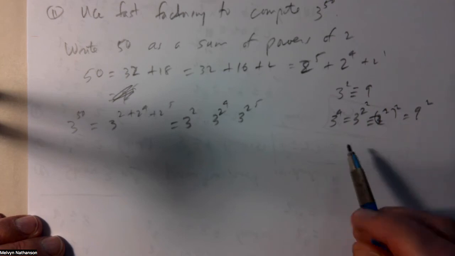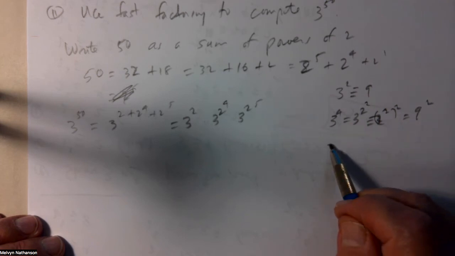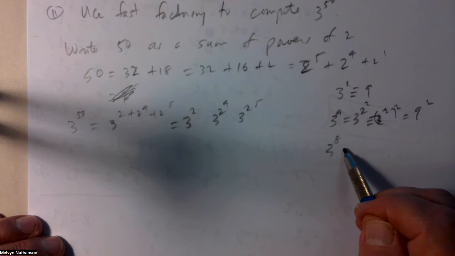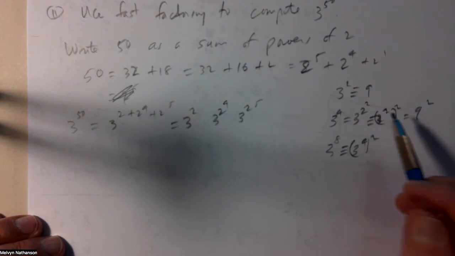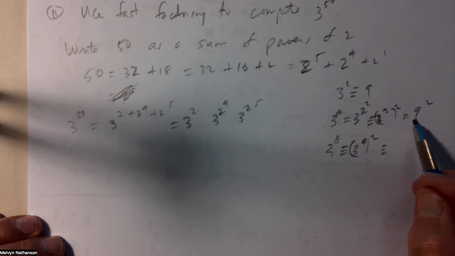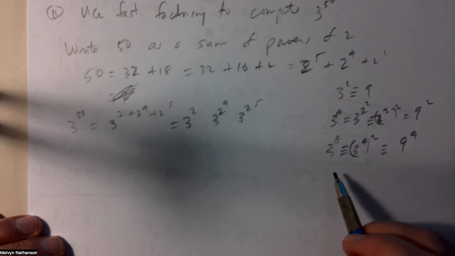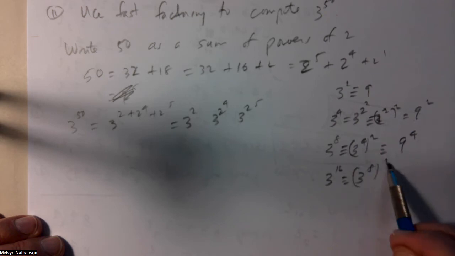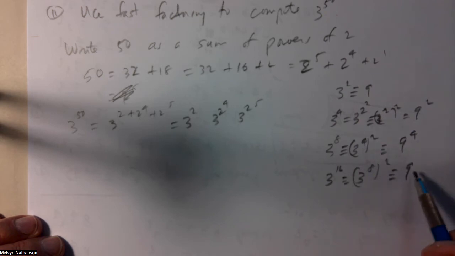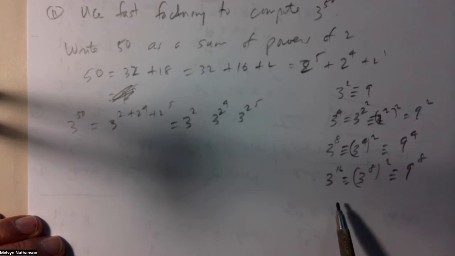That's 9 squared. 3 to the 8th is 3 to the 4th squared, which is 9 to the 4th. 3 to the 16th is 3 to the 8th squared, which is 9 to the 8th.